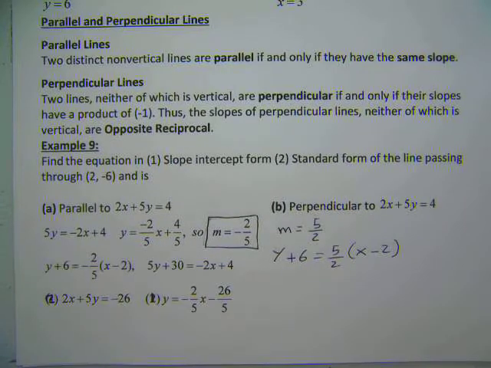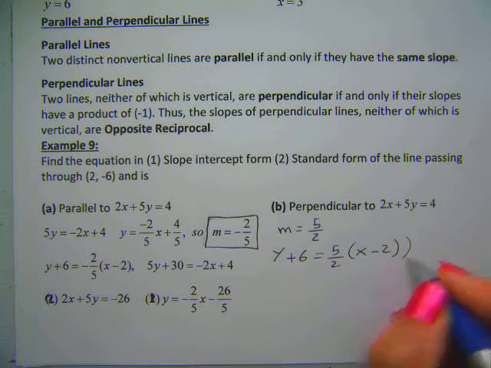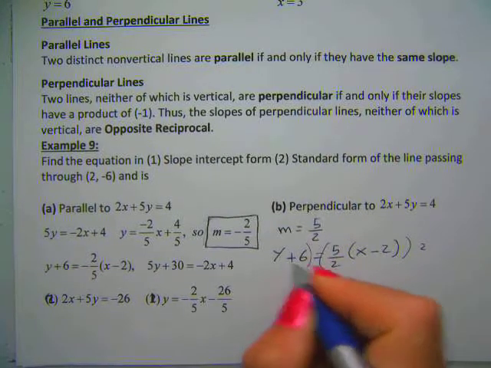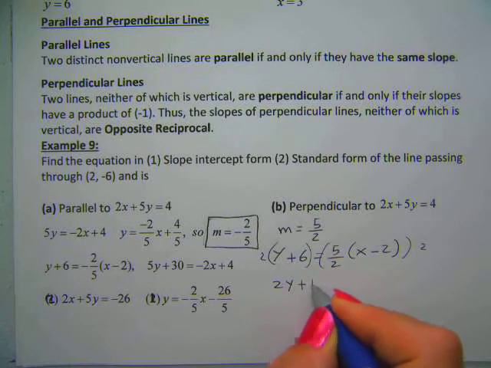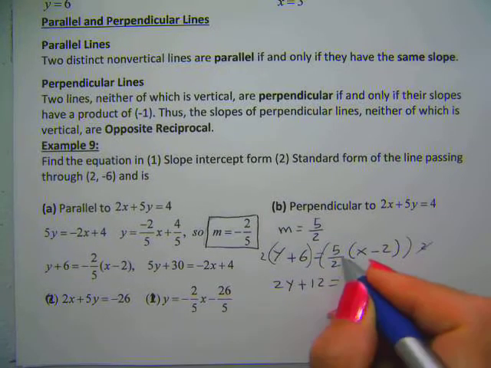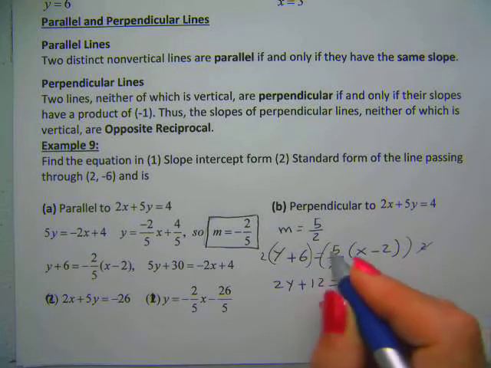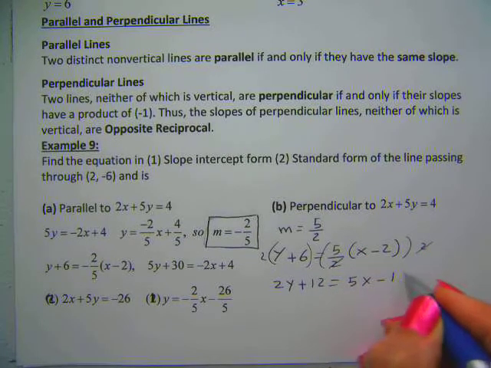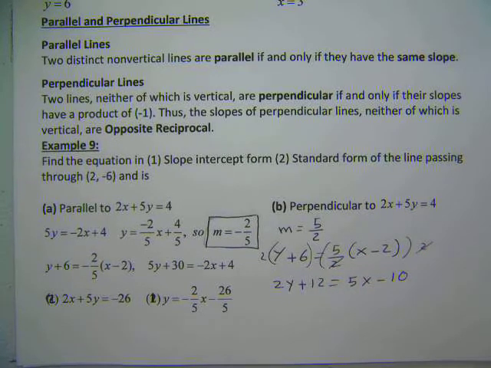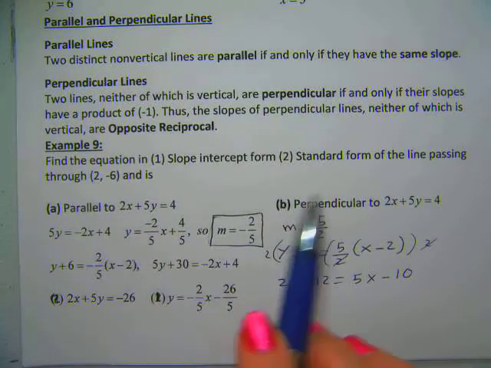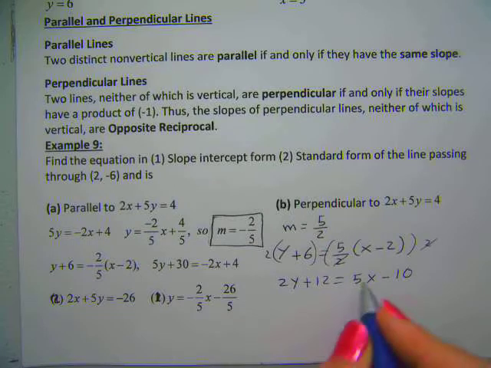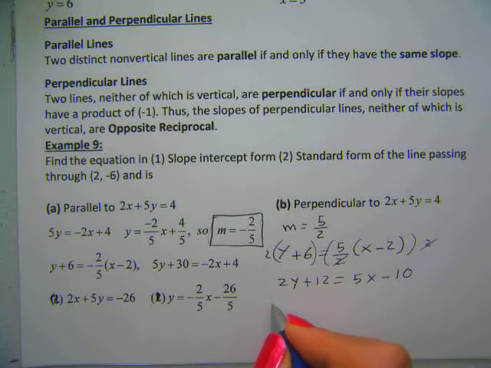So we want it in both formats. First, I'm going to multiply both sides by 2, and I'm going to get 2y plus 12 is equal to 5x. Don't forget to distribute, minus 10. To do the standard form, bring the x to the left-hand side.